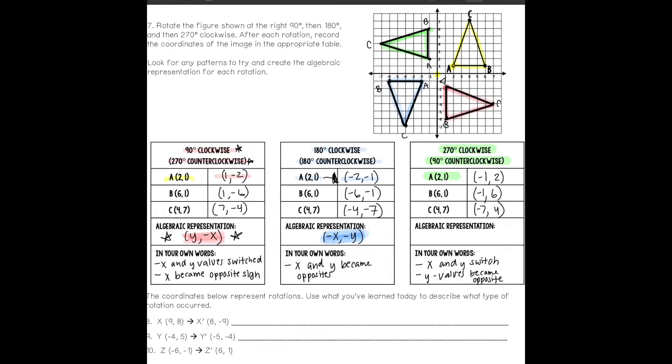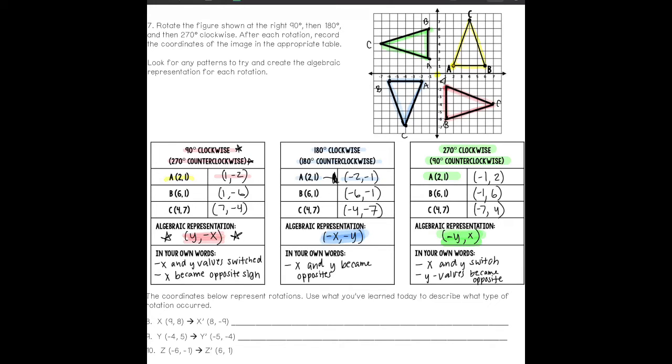Okay, so this time our Y values became opposite. So to represent that, we have to switch X and Y. So it's y, x, but this time my y values are my opposite. Okay, so this time we have opposite y values after we flip them.